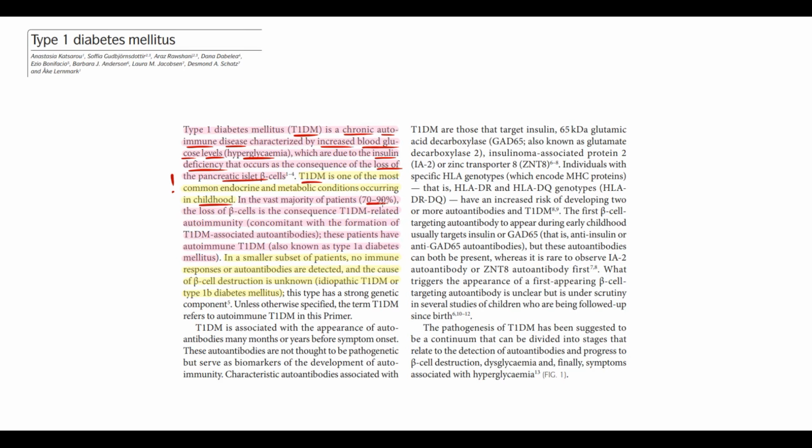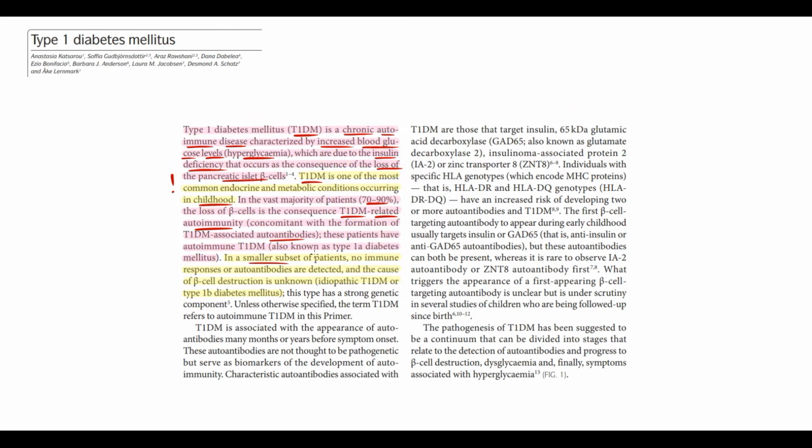In most cases, the destruction of beta cells is caused by autoimmune reaction with formation of autoantibodies. Such diabetes we call immune-mediated diabetes, and it's the most common subtype of type 1 diabetes.